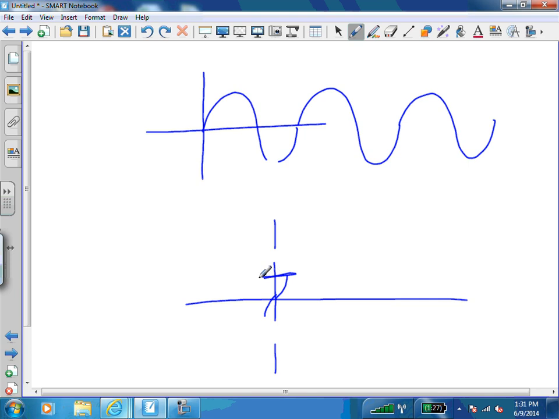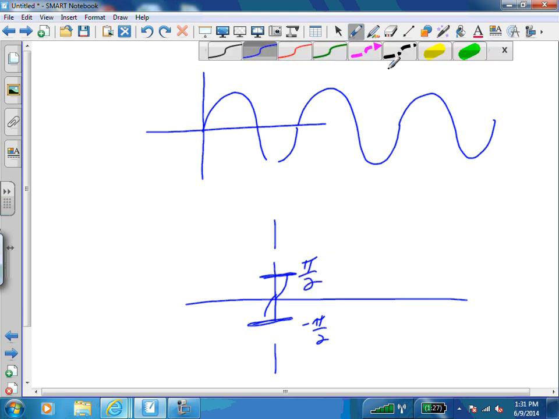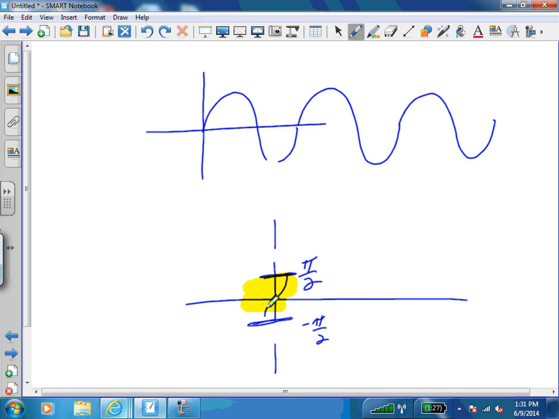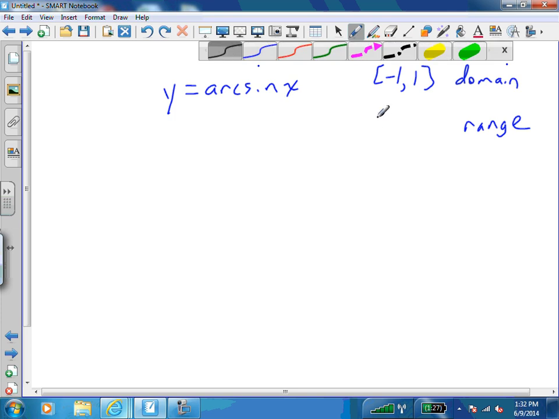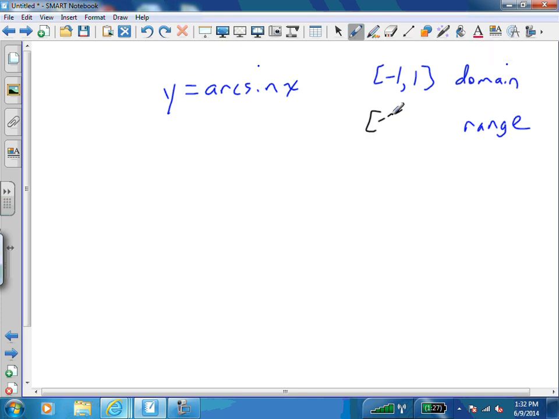We restrict the range from negative pi halves to positive pi halves. That section of the graph, if we look at just that piece of it, is a function. So we say that the range for sine is negative pi halves to positive pi halves.